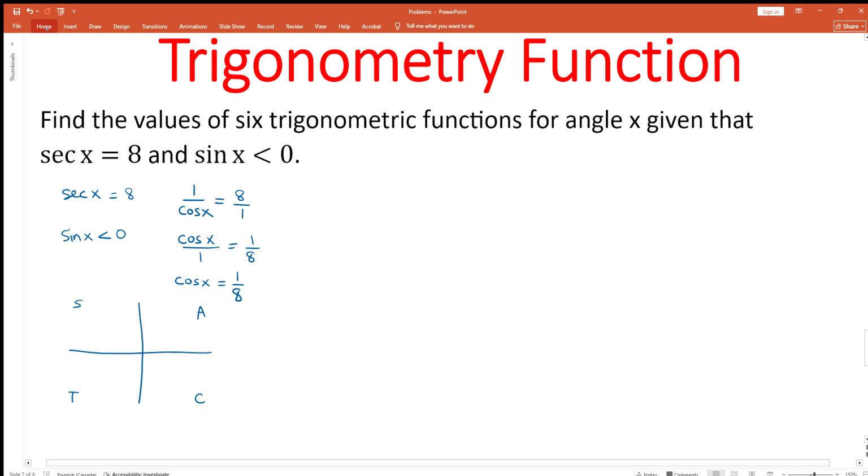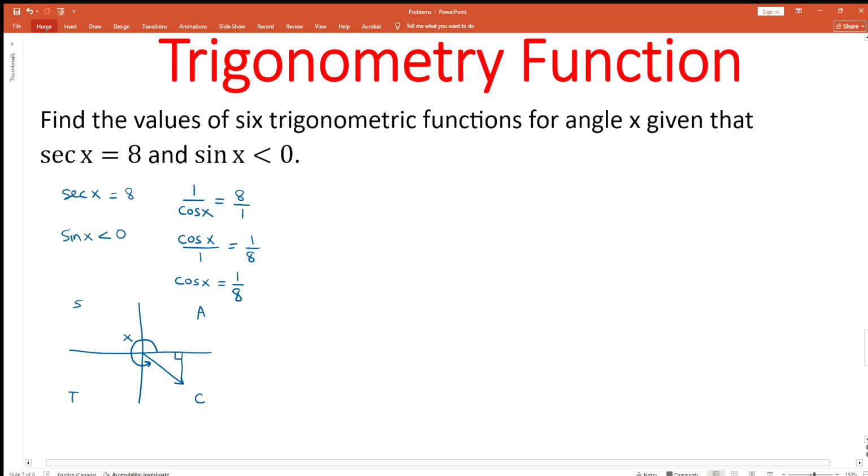We can draw angle x in quadrant 4. This is the terminal arm for angle x, and this is angle x. In order to find the values of the trigonometric functions, we need to analyze the triangle this terminal arm makes with x-axis in quadrant 4. We should draw a right angle triangle with the x-axis.